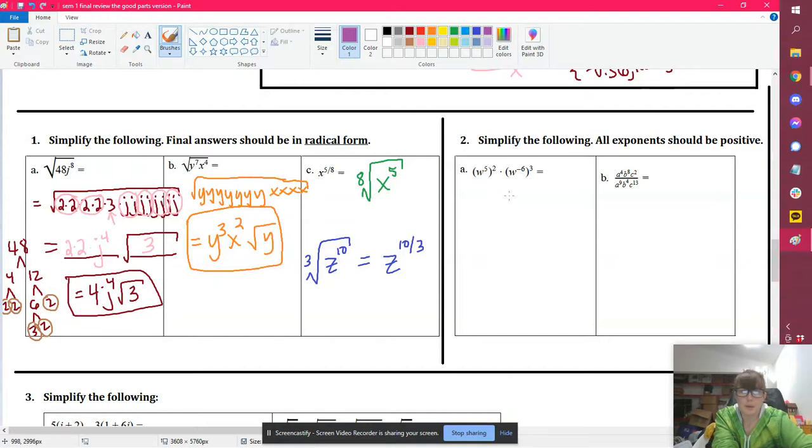For number 2, for module 3, let's simplify the following. All exponents should be positive. When there's a power to another power, we multiply. So this is w to the 5th to the 2nd. 5 times 2 is 10. There's a multiplication right here, so I'll keep a multiplication. W to the negative 6 cubed is w to the negative 6 times 3.